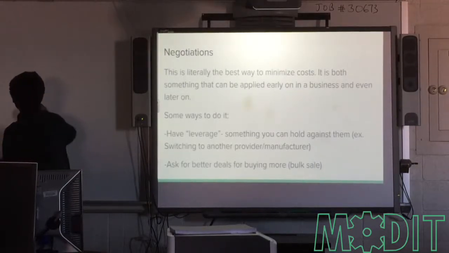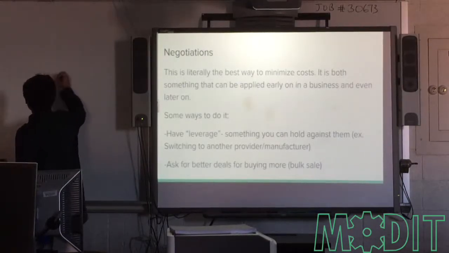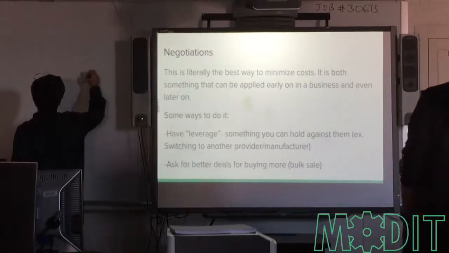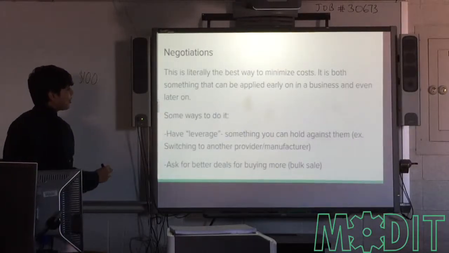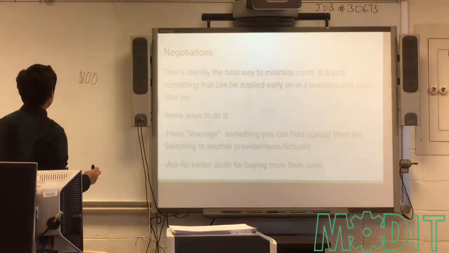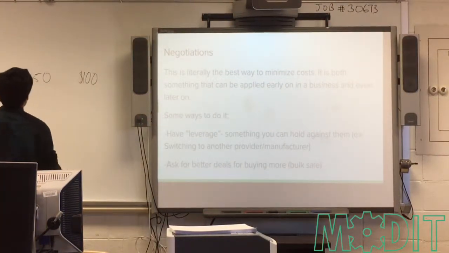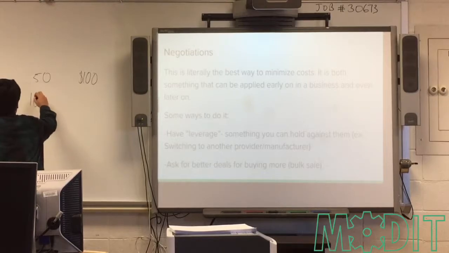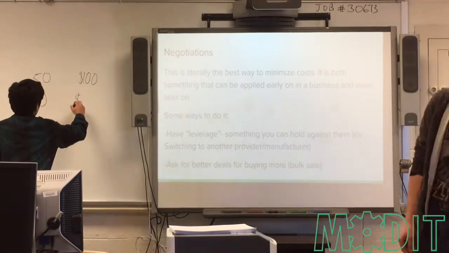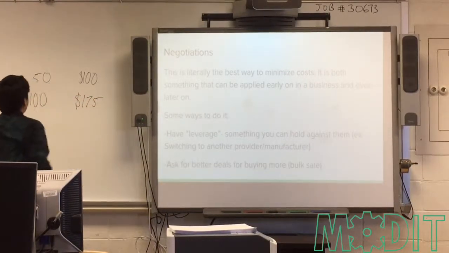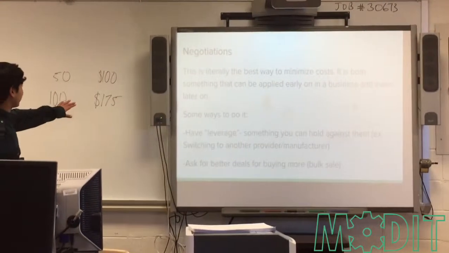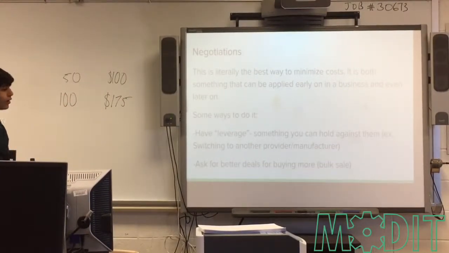So let's say if 50 costs, I don't know, $100. Thanks for telling us, Jen. No problem. Oh yeah, I kind of forgot about that. It's been so long. You can ask for 100 to be 175, let's say. I don't know if you guys can see that. I probably should have shifted it over.